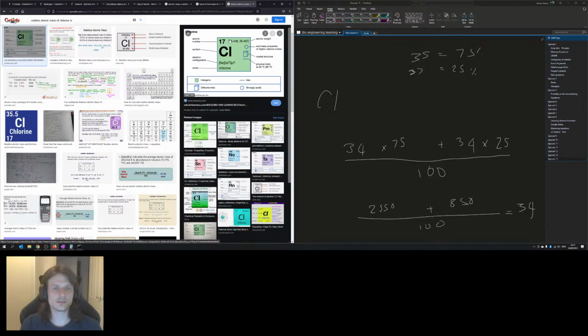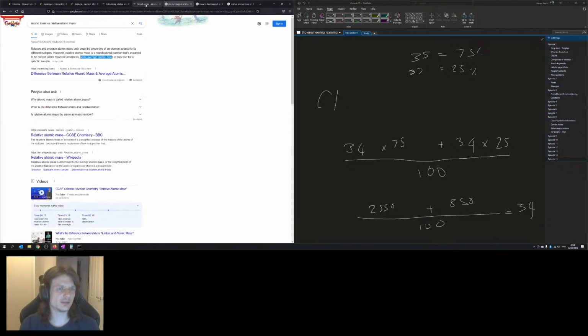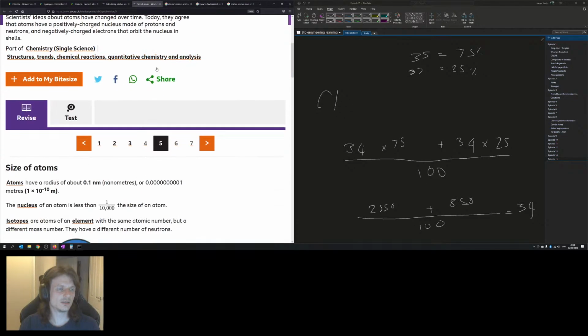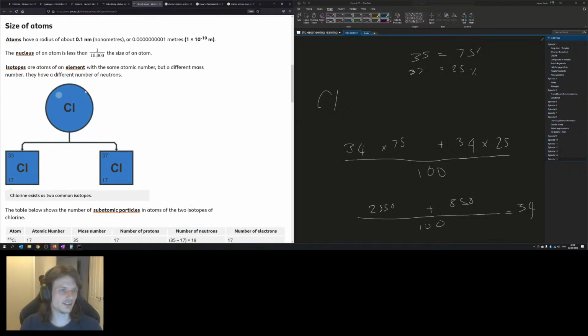Atomic weights. Yeah, okay. But they are 35. No, okay, I see. That's correct. Oh no, why am I getting this different number? How does anyone at GCSE figure this out?